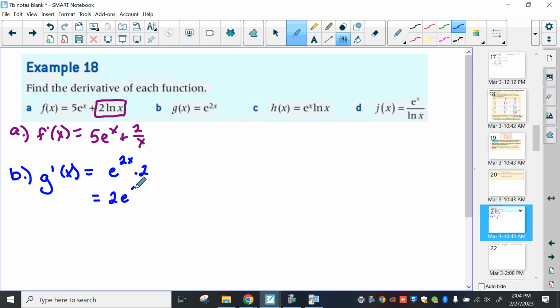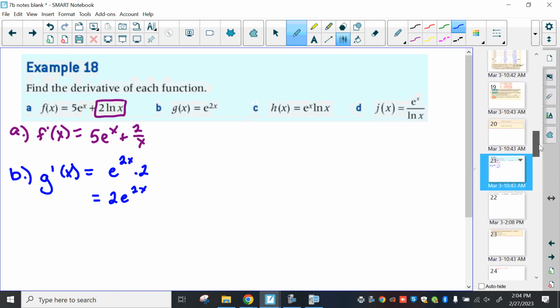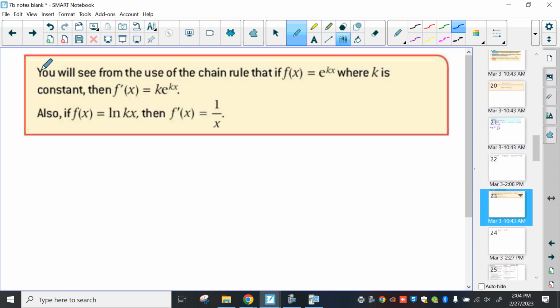So you'd write that as 2 times e to the 2x. And that's also where this statement comes in here. You'll see from the chain rule, if there is a power on your exponent, we just chain on the derivative of that, so it just comes down in front, attached by multiplication.